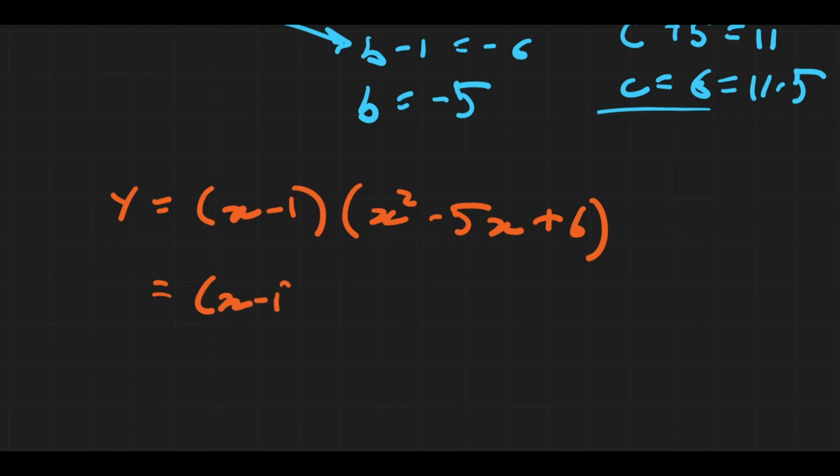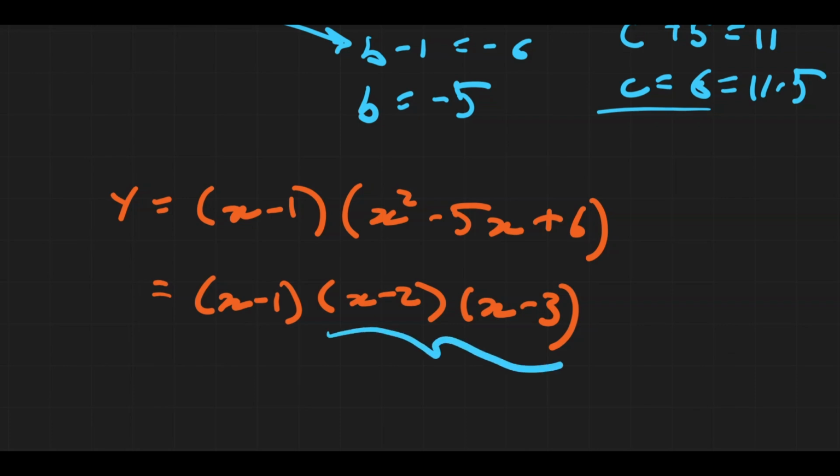So we want two numbers that when multiplied together equals 6 and when added together equals negative 5. And I've done a video on this previously, so I'll have a link to that in the description. But those two numbers are negative 2 and negative 3. So x minus 2, x minus 3.